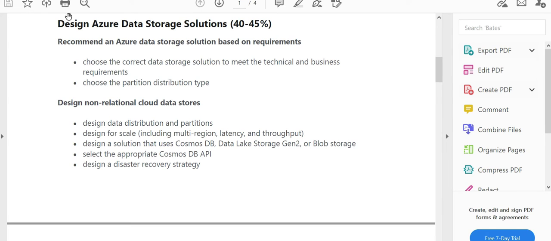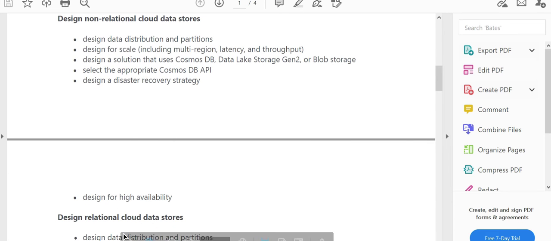So the first one is design Azure data storage solutions. You will see 40 to 45% of the questions coming from this topic. Now, in this topic, what is required? As a part of the requirement, you are tested on your data storage solution skills, which includes both non-relational cloud data stores and relational cloud data stores.